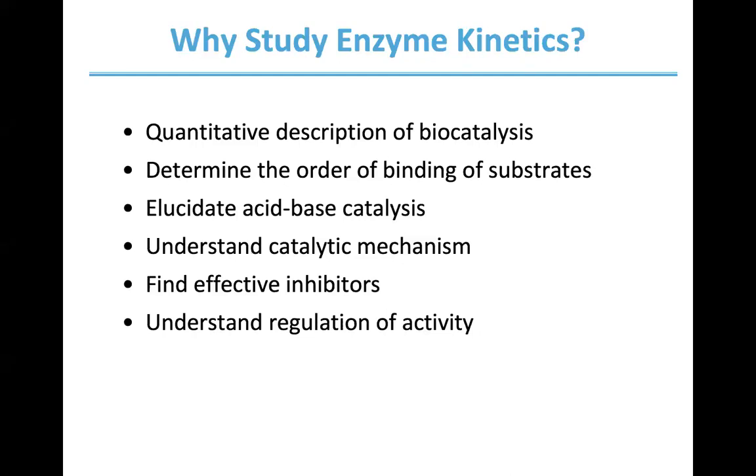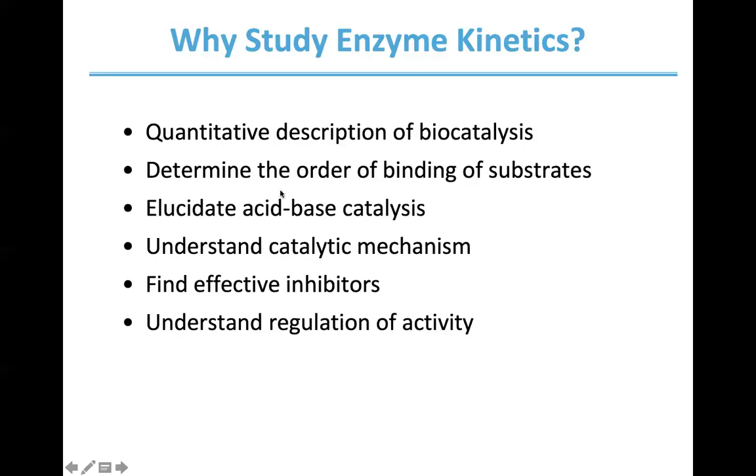Well, first of all, it provides a quantitative description of biocatalysis, right? So far we talked about all these hydrogen bonds, active site, lock and key, induced fit. But what about quantitative description? What about different inhibitors? Which inhibitor is better, right? Kinetics will tell us which inhibitor will be better, which enzyme is better.